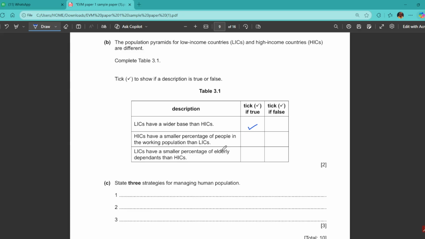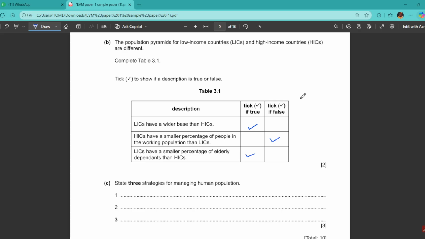Now, high income countries have a smaller percentage of people in the working population. High income countries will have a small percentage of people in the working? No. Now, low income countries have a small percentage of elderly dependent. So elderly dependent will be there more in the low income countries. Of course, yes. So that's what we have here.